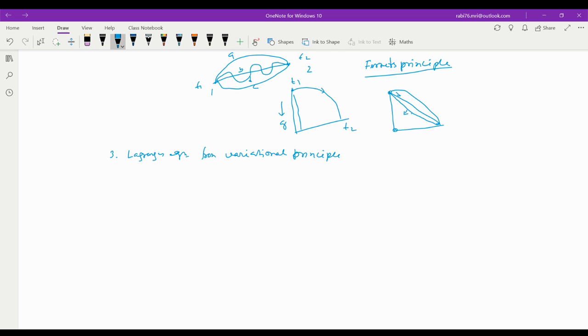We have variational principle, আমরা লিখতে পারি, integral of L dt will be extremum from t1 to t2.